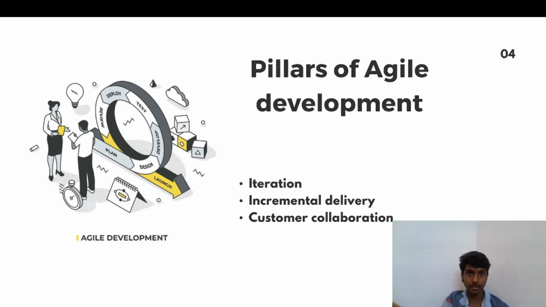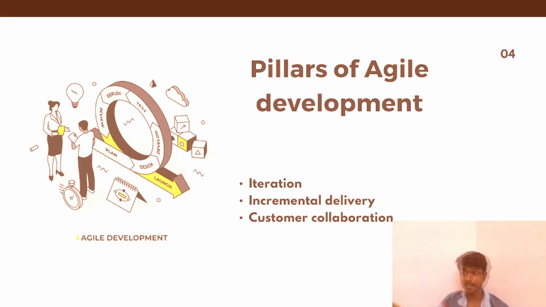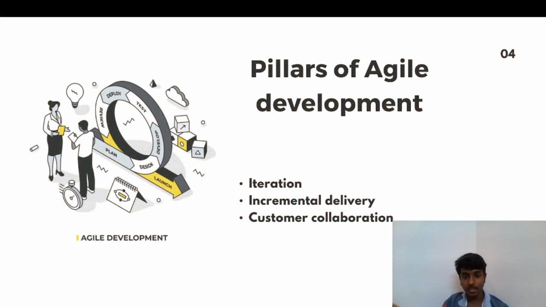In the first iteration, I have to develop the login page. In the second iteration, I have to develop the home page. In the third iteration, if I want to display some products or something, I have to develop this. Consider these three iterations. After every iteration, there is an increment in the delivery. So it is known as incremental delivery.